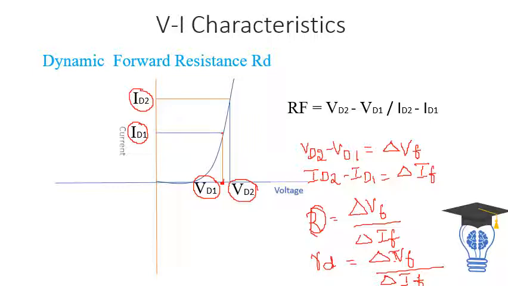So RD represents the ratio of incremental change in voltage to incremental change in current.